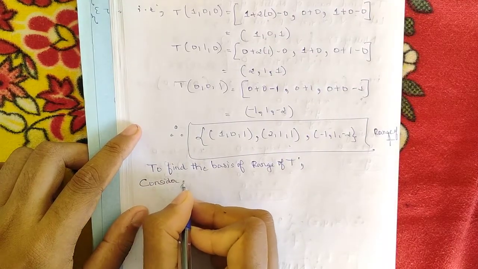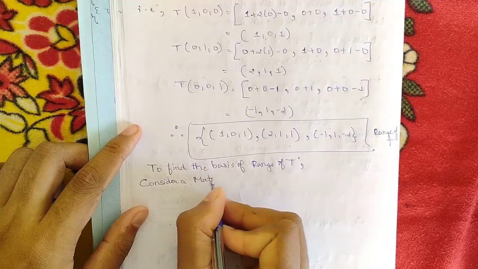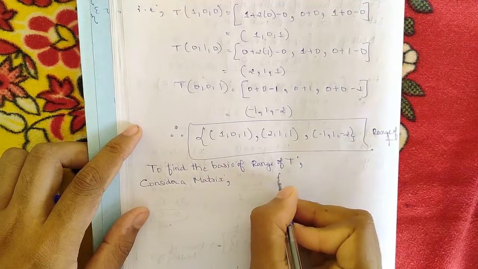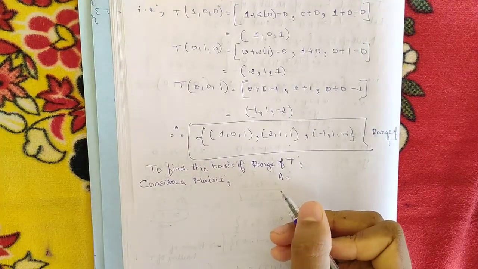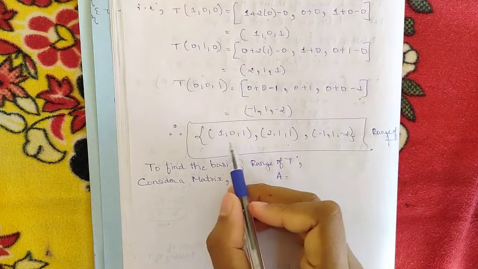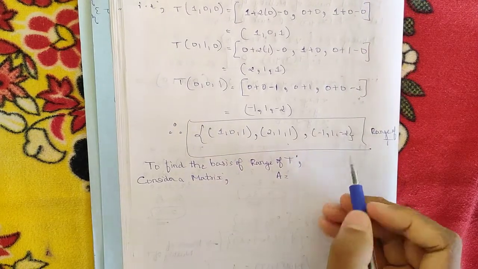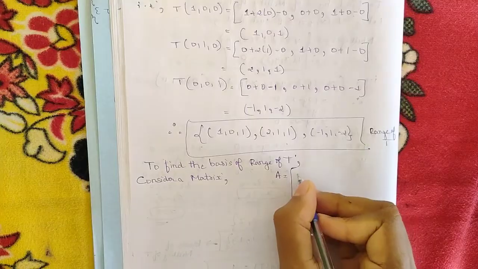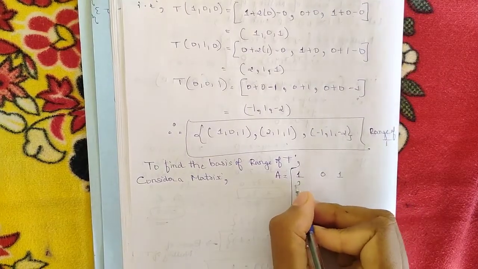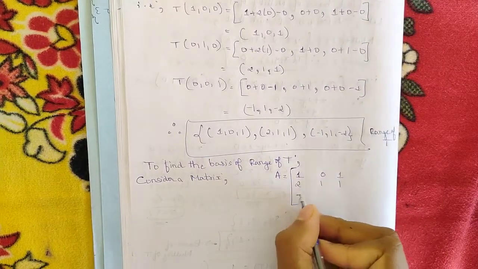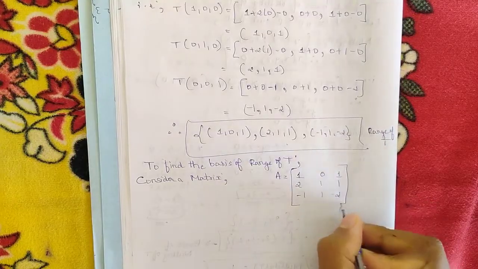Consider a matrix A where the coefficients are whatever we got here, the range of T, that is 1 0 1, 2 1 1, minus 1 1 minus 2.